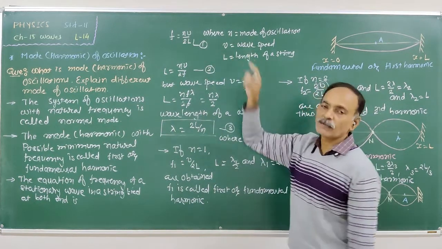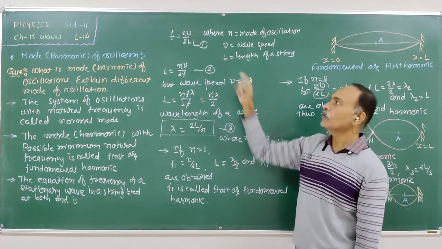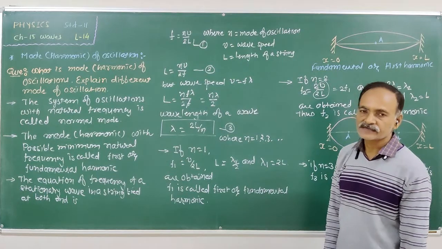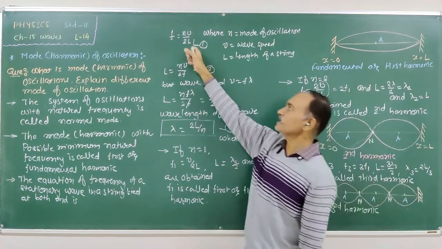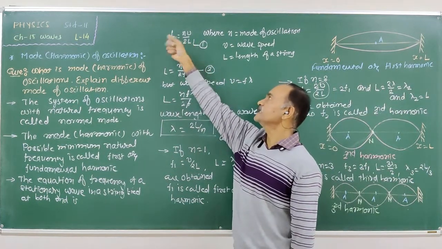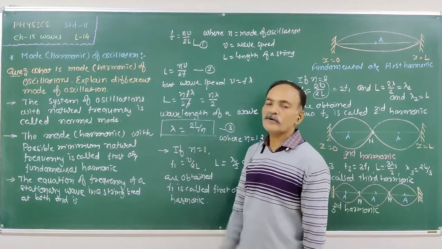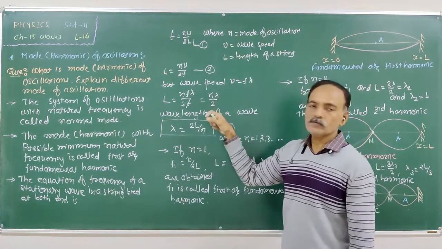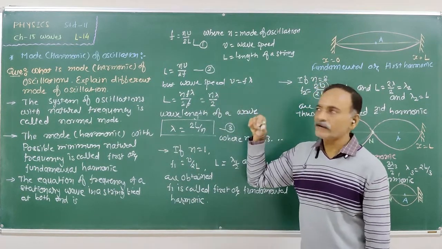Here n is the mode of oscillation, v is the wave speed and L is the length of the string. So from this equation, the length L is equal to nv upon 2f. Now we know that the speed of a wave v is equal to f lambda.